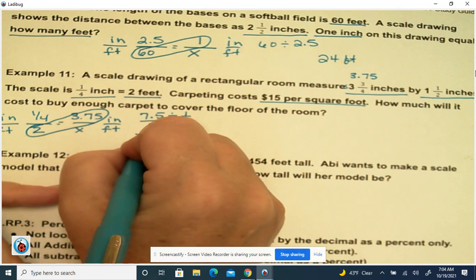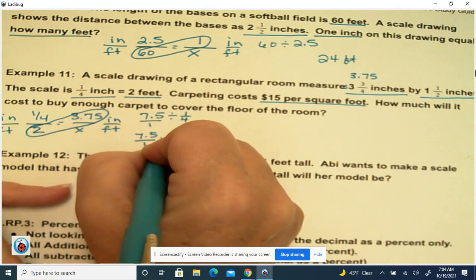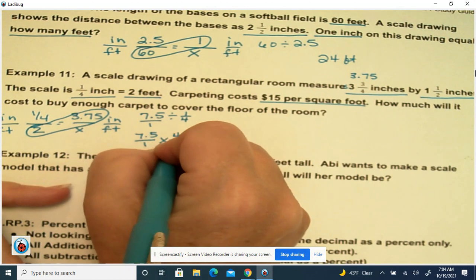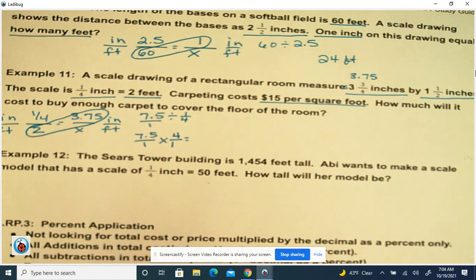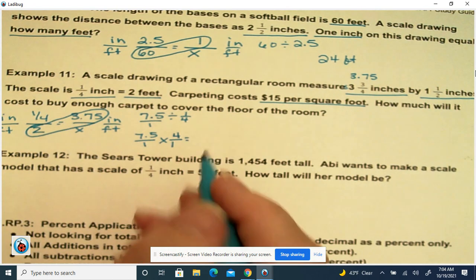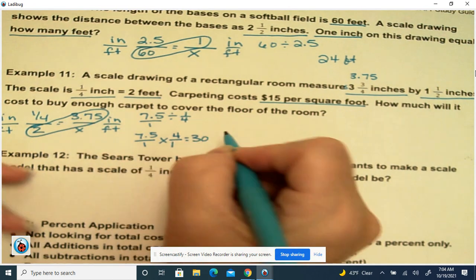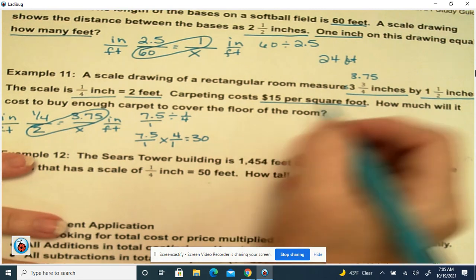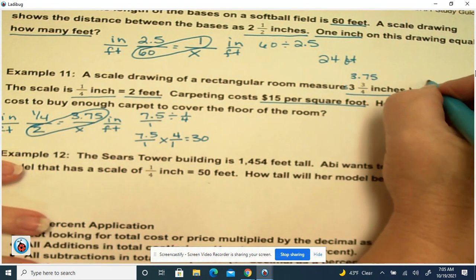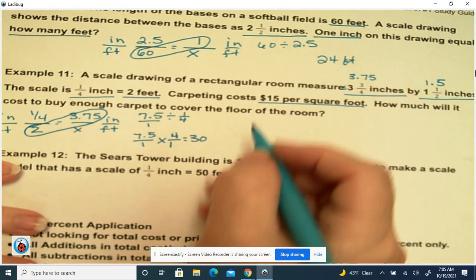All right, so I've got 7.5 over 1 times the reciprocal, 4 over 1, and 7.5 times 4 is 30. Now we have to do it using the 1.5, and we know that a half as a fraction is 1.5.